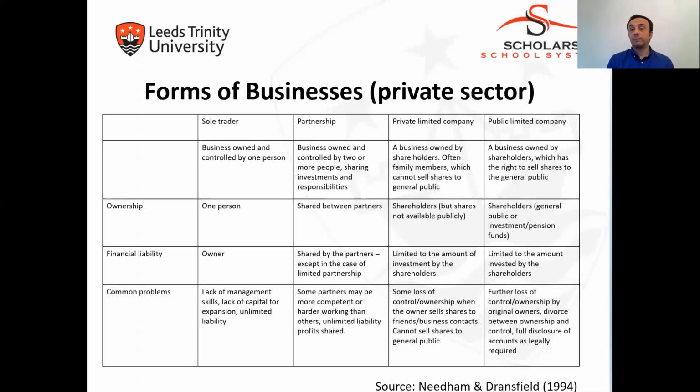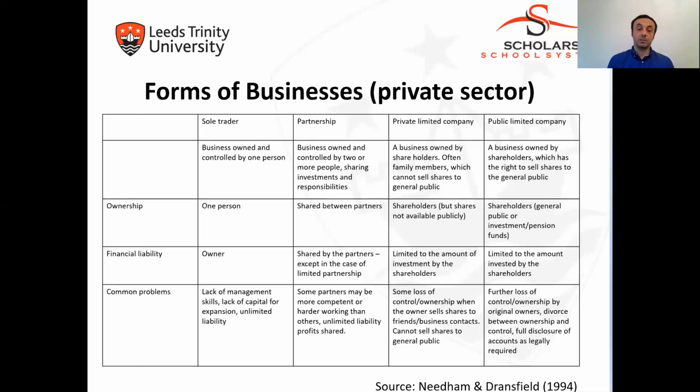Even though you do not know the people, they come to the organization to be an owner or shareholder of this business. So the ownership belongs to the shareholders. It may be the general public or investment and pension funds. Like the private limited company, it also gives limited financial liability to the people, limited to their investment.